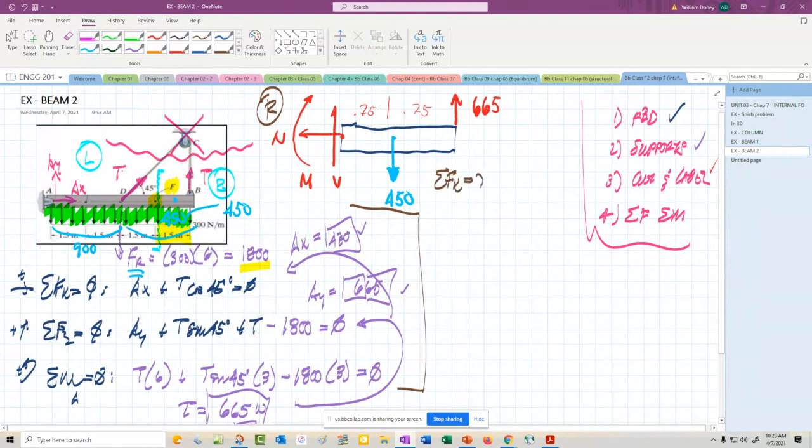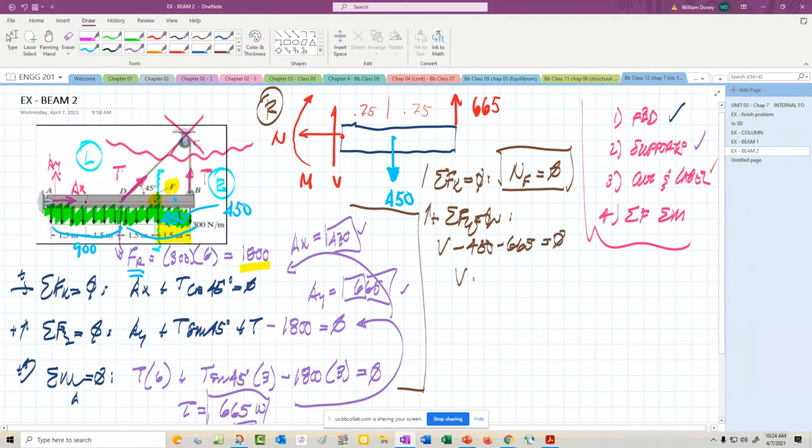Sum forces in the x direction equal to 0. It tells us that the normal at F equals 0. Sum forces y equal to 0. We have, let's see, the shear up minus 450 plus 665 up equals 0.